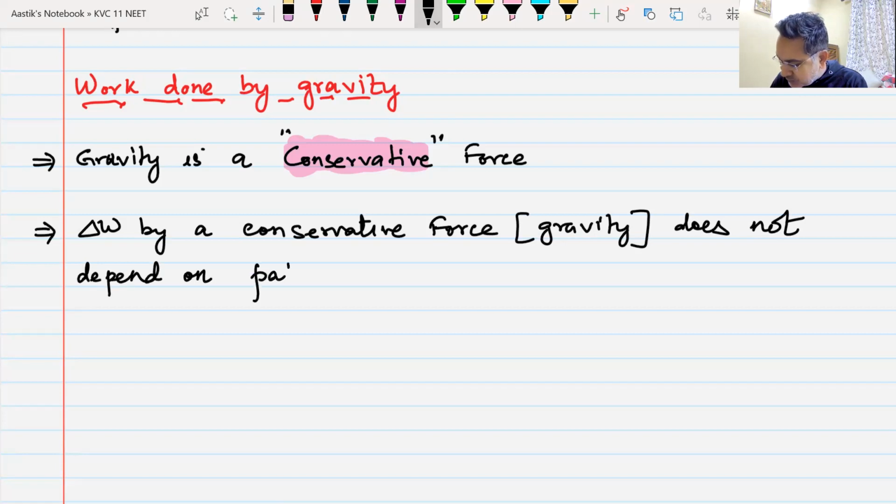What do you mean by does not depend on path?